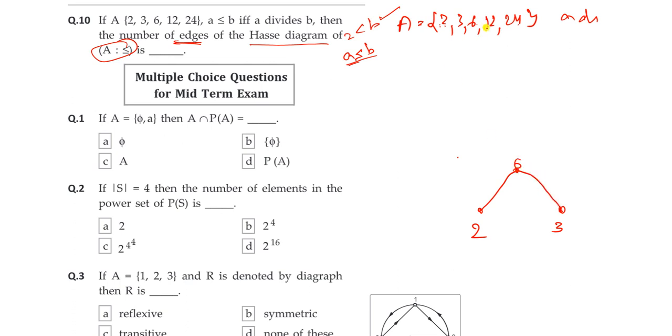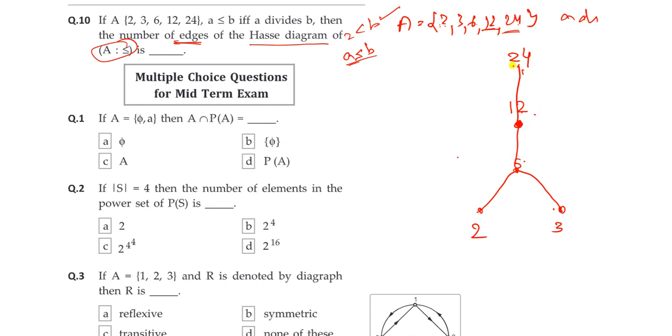Come to the next element, 12: 2 divides 12, 3 divides 12, 6 divides 12. Then 24 is divided by 2, 3, 6, 12, so we write that element above 12.